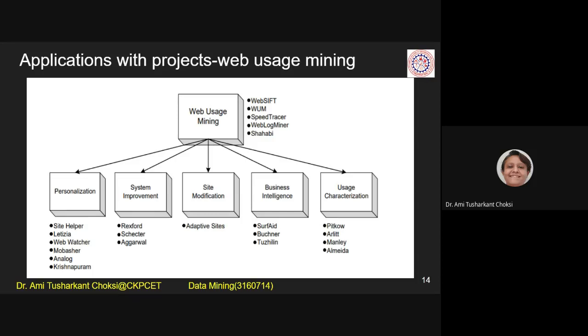So this usage characterization is there. And as I used to tell you, that based on our usage characterization, we can be recommended with the new things that are coming to the market, right? New serial of, say, crime, then that will be given to the people who like the crime serials, right? Now, how to know that whether that person like that or not? That is based on the usage, right?